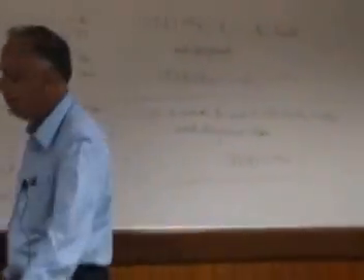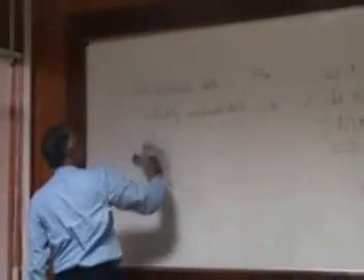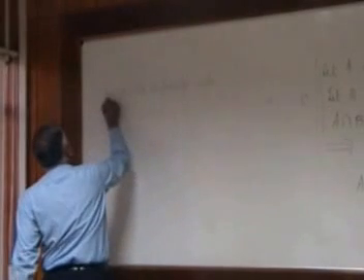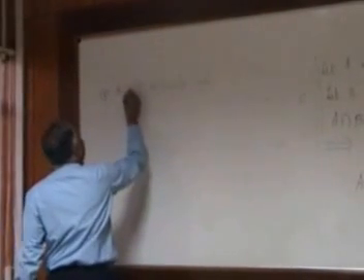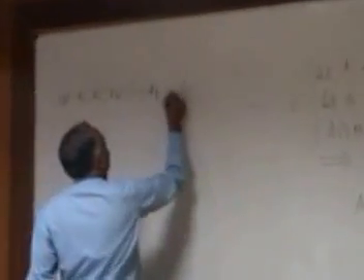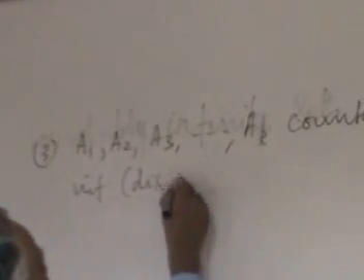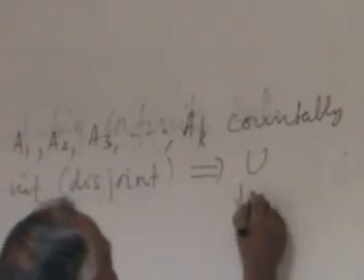Therefore, A1, A2, A3, ..., Ak countably infinite, disjoint (we'll remove this disjointness condition later), implies the union over j equal to 1 to k of Aj is also countable.